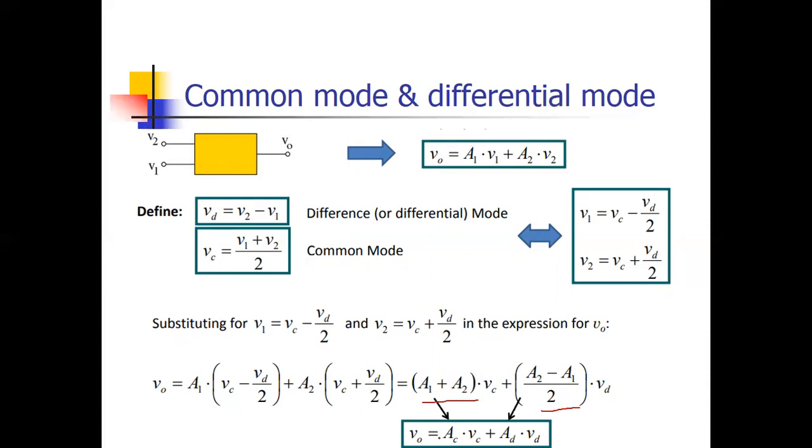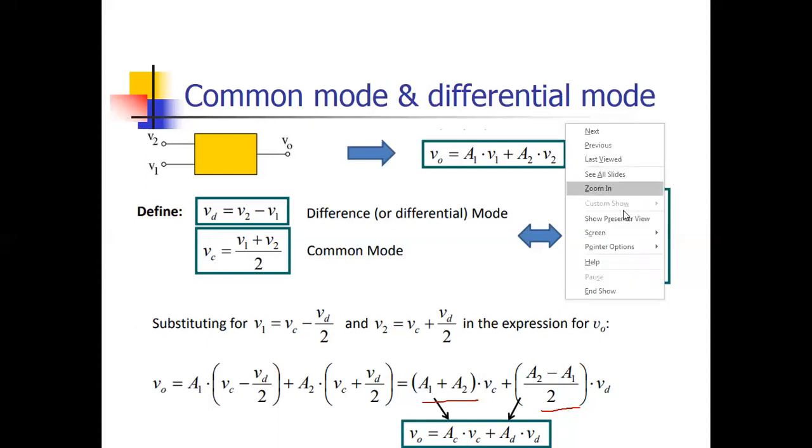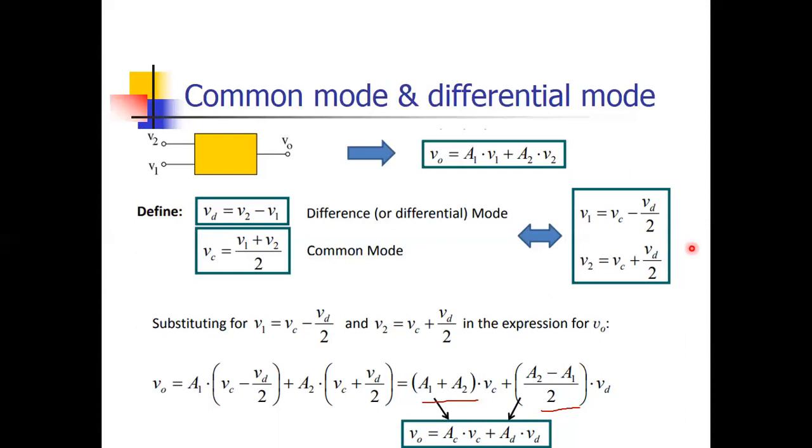This represents the common mode gain because we are adding, and this represents the differential gain. This is your main equation of interest. Output voltage equals AC into VC plus AD into VD, where AC is the common mode gain and AD is the differential gain.